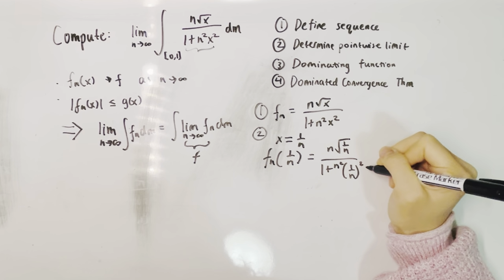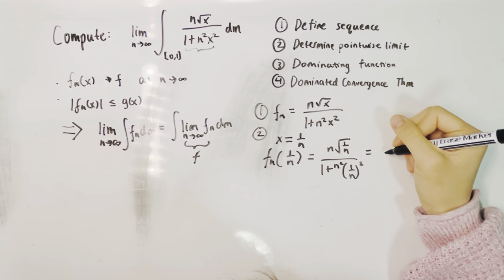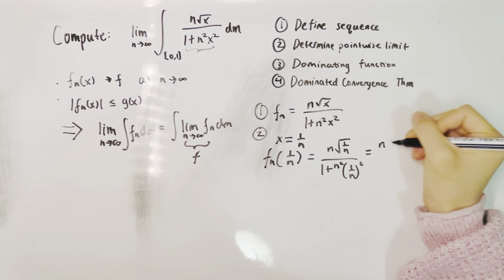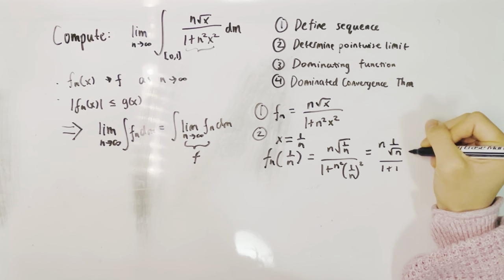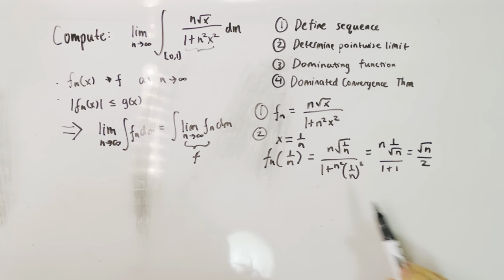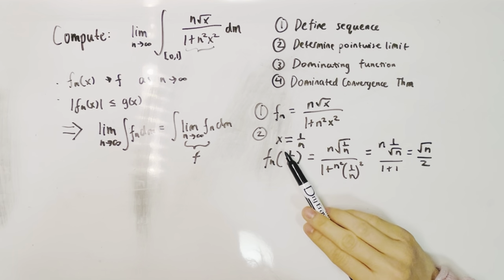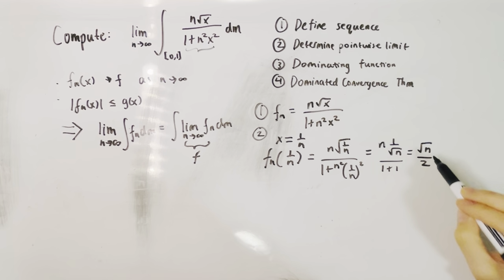This is equal to n times 1 over square root n over 1 plus 1, so that's equal to square root n over 2. Then as we take the limit as n goes to infinity at a specific x that depends on n, we get this going to infinity.